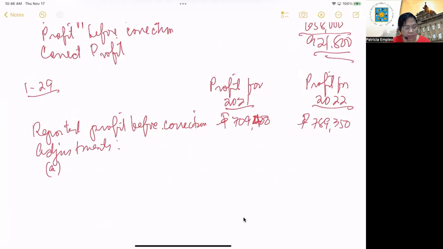These were costed at 98 per unit, whereas the correct unit cost is 89. Therefore, ending inventory of 2021 was overstated because they were valued at 98 instead of the correct unit cost of 89. So it was overstated.